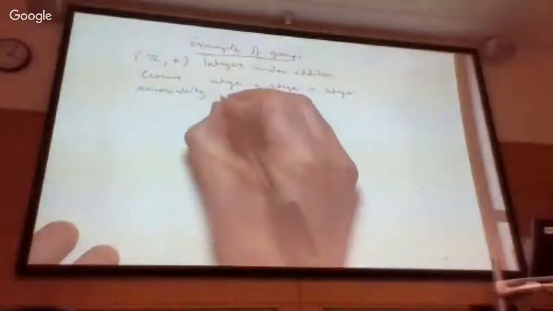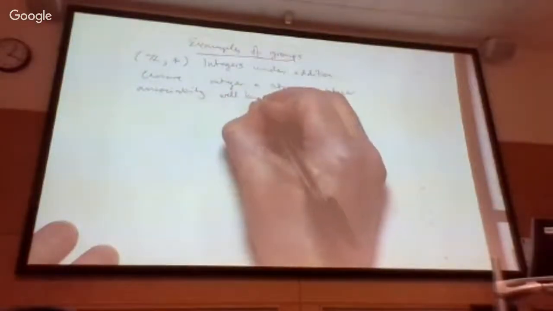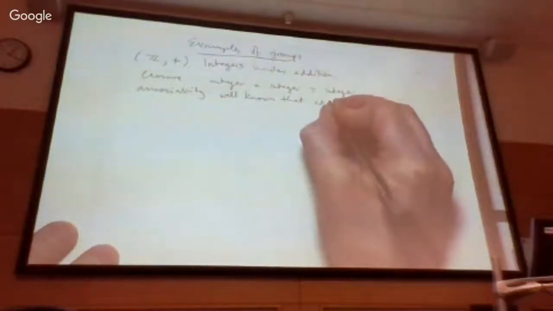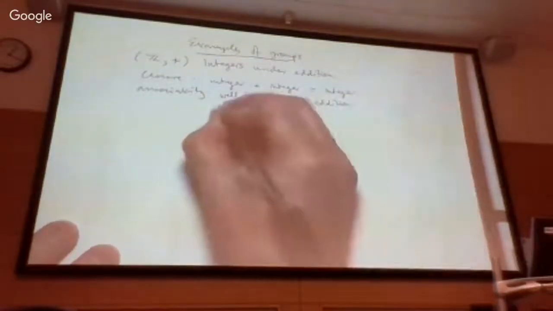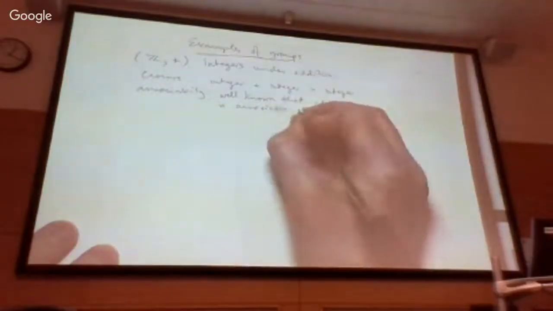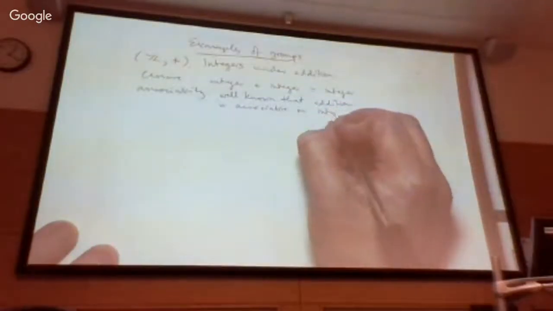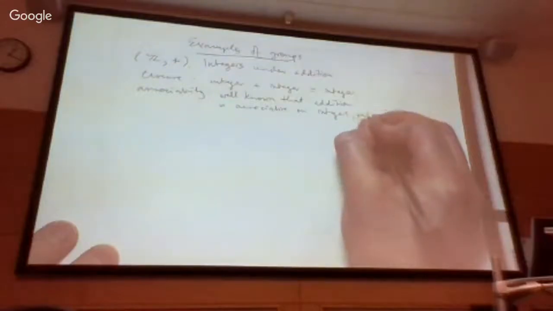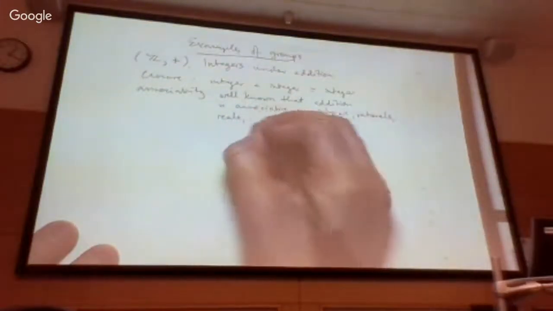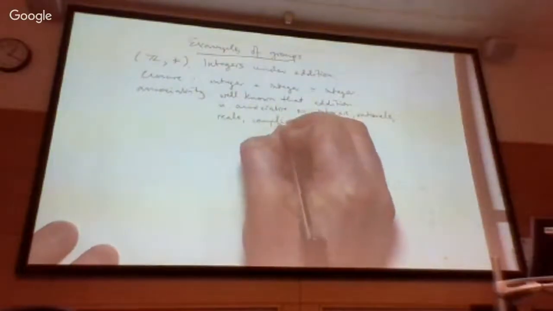So well known, or we've always been using it, that addition of numbers is associative. Addition is associative on integers, rationals, reals, complex numbers that you've been studying.